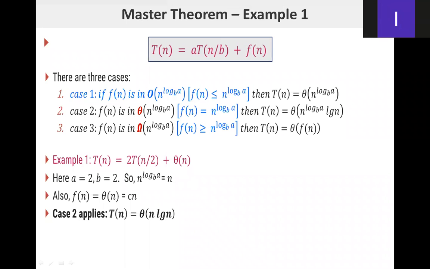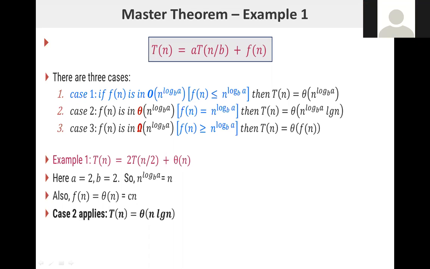Yes, ma'am. Can we write Pn is equal to theta of n raised to power log 4 base 2, because the value of a is 4 and b is 2? Log 4 base 2 implies log 4 by log 2. Log 4 can be written as log 2 square by log 2, then 2 log 2 by log 2. Can we write it? Yes.